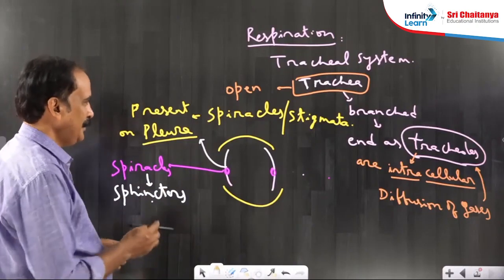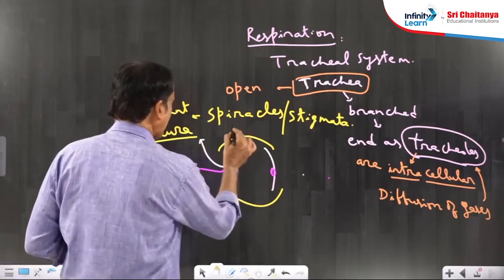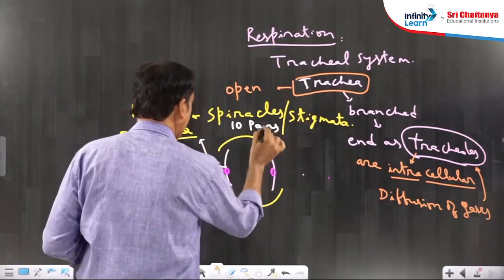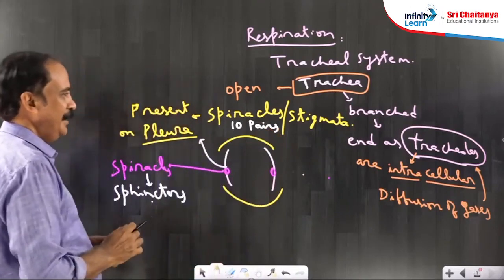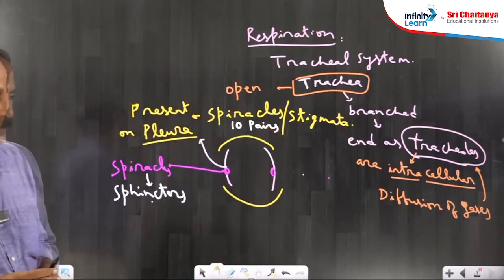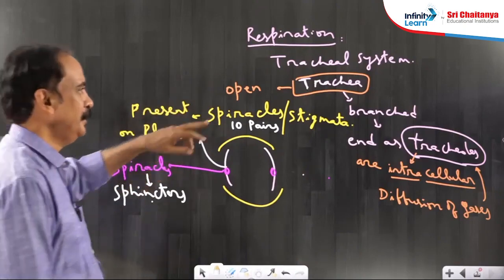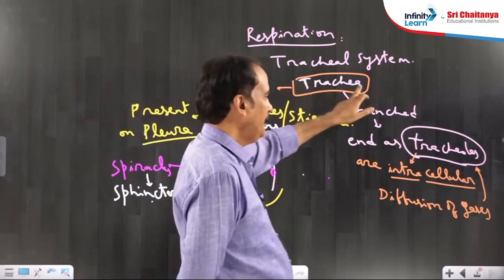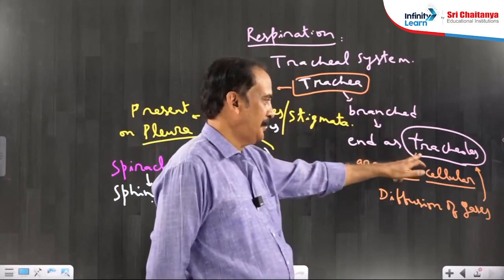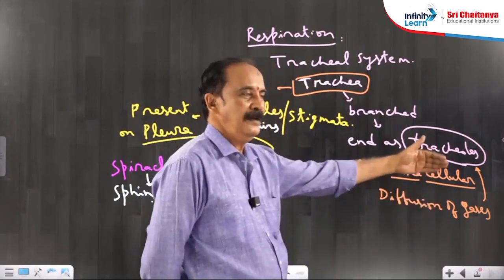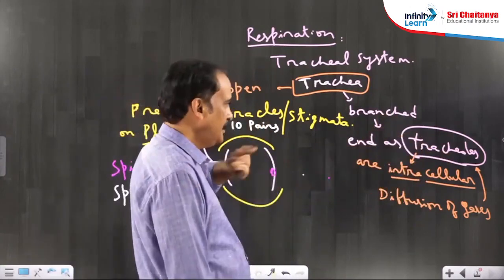Cockroach has 10 pairs of spiracles, and these help in intake of air into the trachea. From there it branches and finally reaches the tissues with the help of tracheoles, which help in exchange of gases. This is what is given in the textbook.